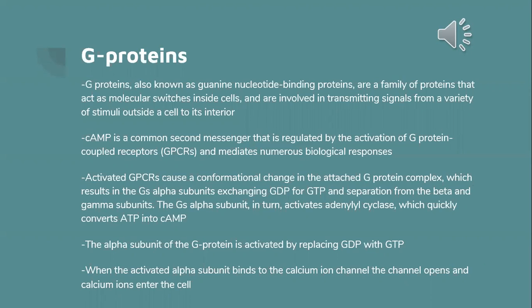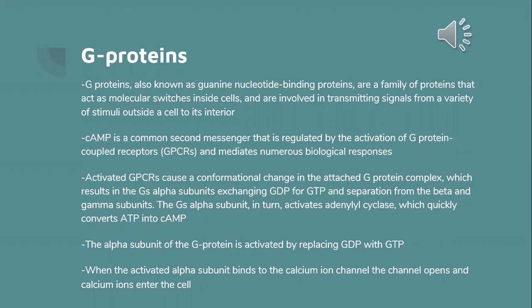Activated GPCRs cause a conformational change in the attached G protein complex, which results in the G-s alpha subunit exchanging GDP for GTP and separating from the beta and gamma subunits. The G-s alpha subunit, in turn, activates adenylyl cyclase, which quickly converts ATP into cAMP.